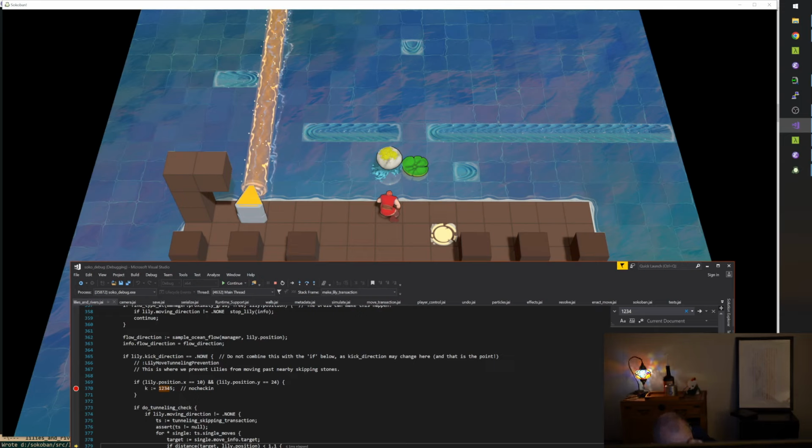So I think what we have to do is, I think I'm doing it at the wrong time even now. I think what it has to be is anytime a lily changes squares or anytime a stone changes squares.